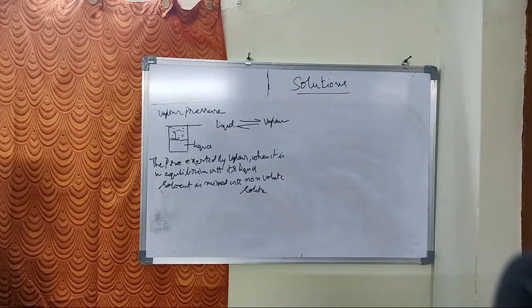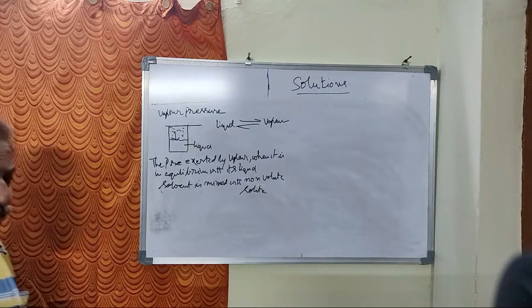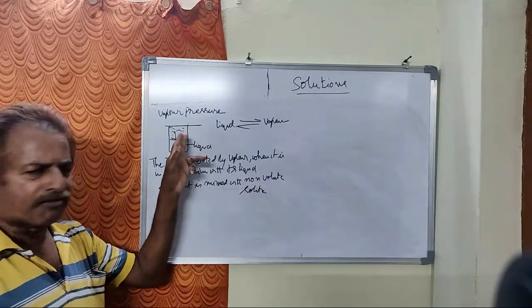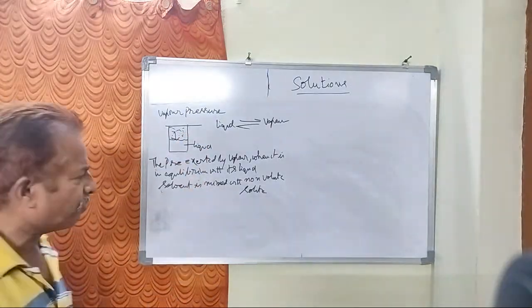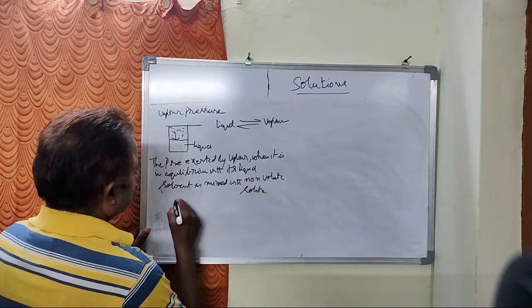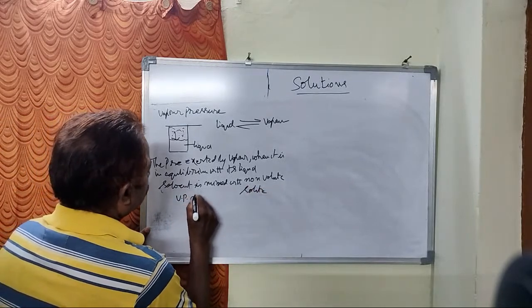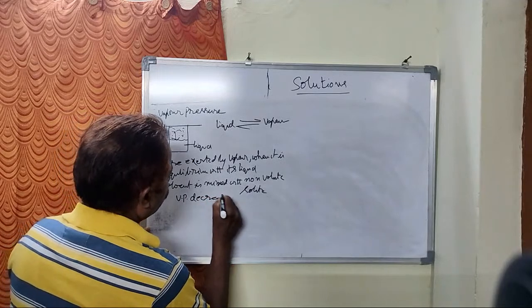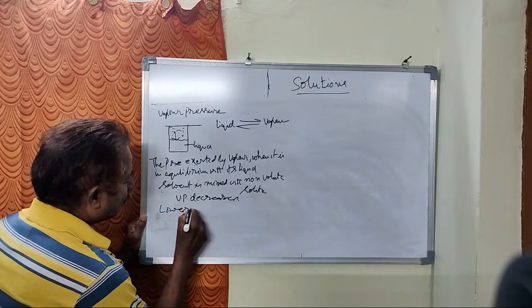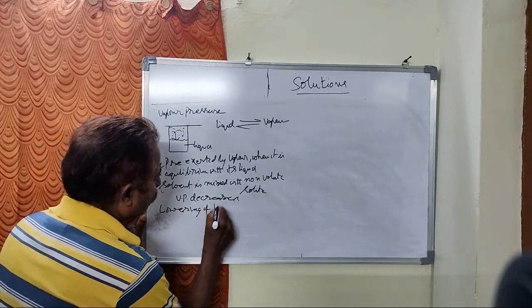Therefore, the vaporization process becomes less. When the vaporization process becomes less, the quantity of vapor becomes less, hence the vapor pressure becomes less. Therefore, when a solvent is mixed with non-volatile solute, vapor pressure decreases.